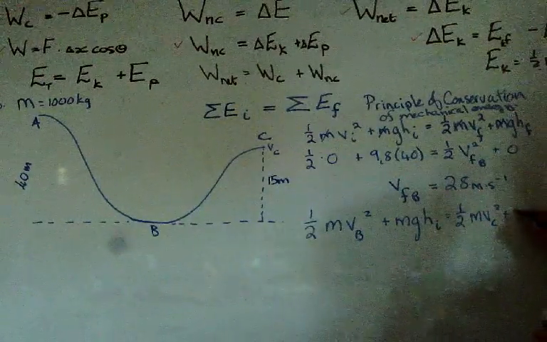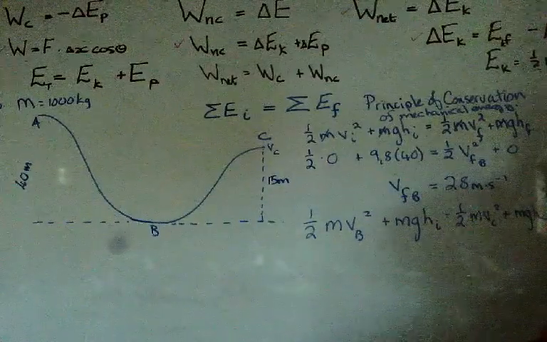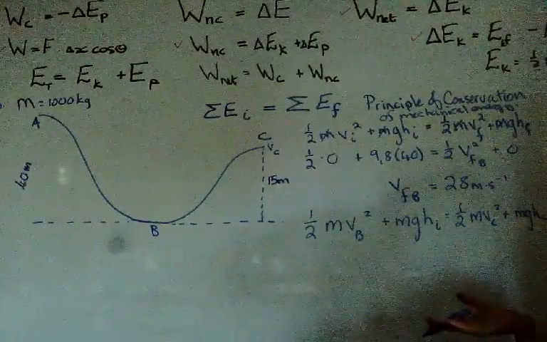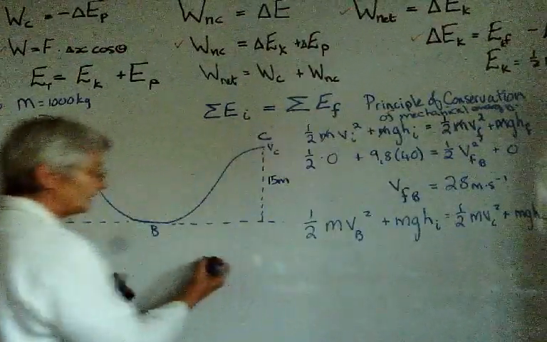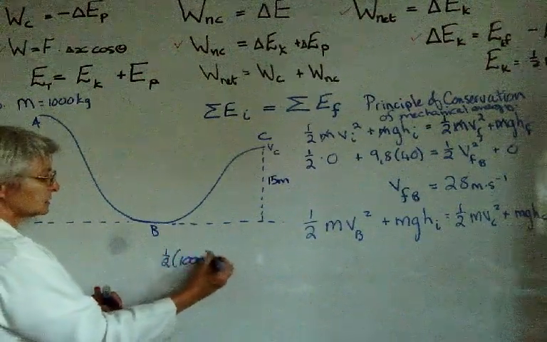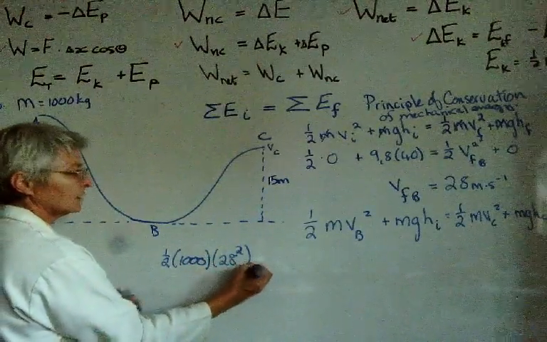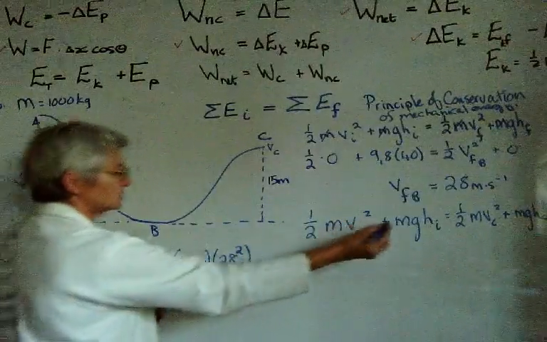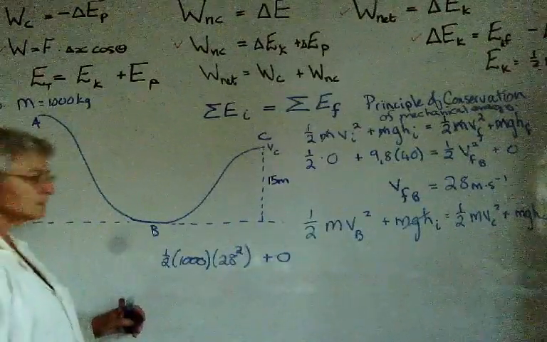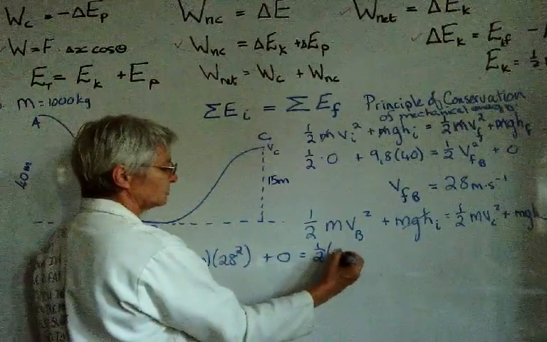So I'll have to start here. 1/2 times 1,000 times that 28 squared plus, I don't have to substitute that because it's 0. Plus 0 is the height at B, equals 1/2 times 1,000, actually 500, VC squared plus 1,000 times 9.8 times 15.